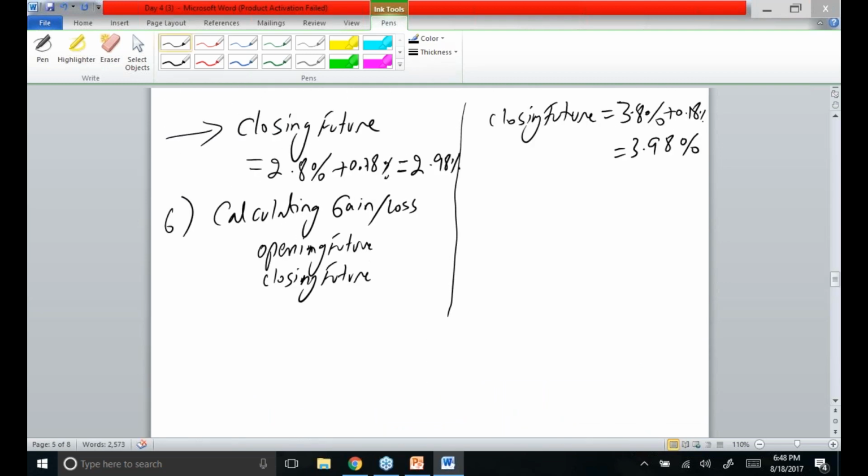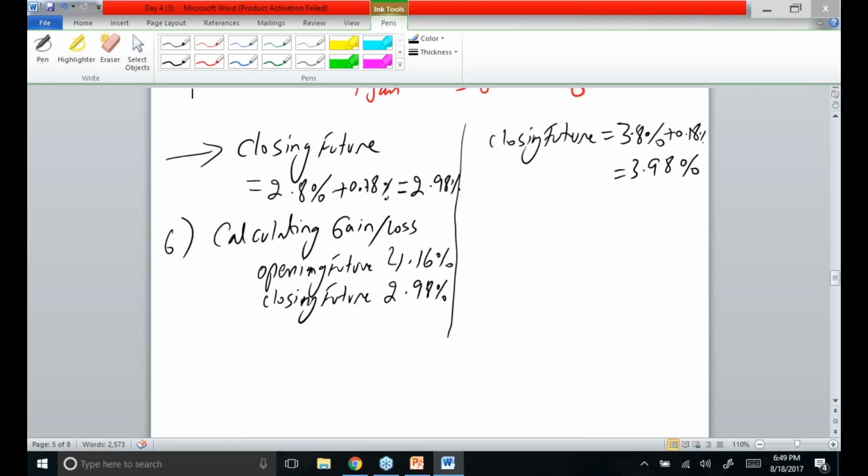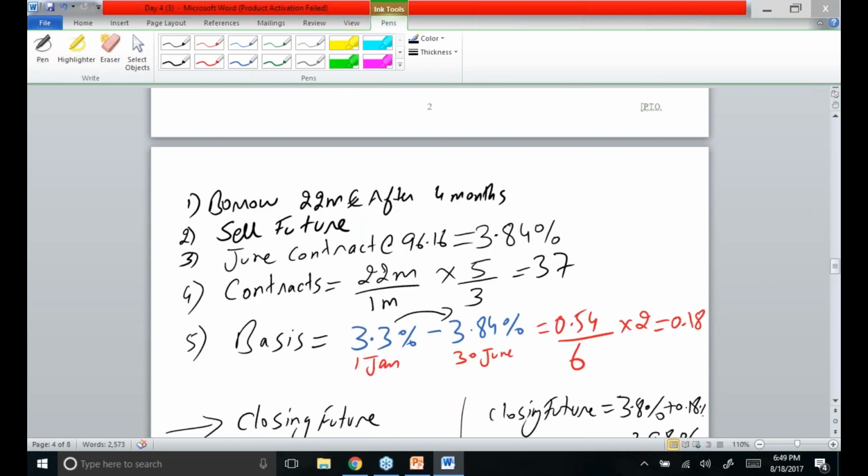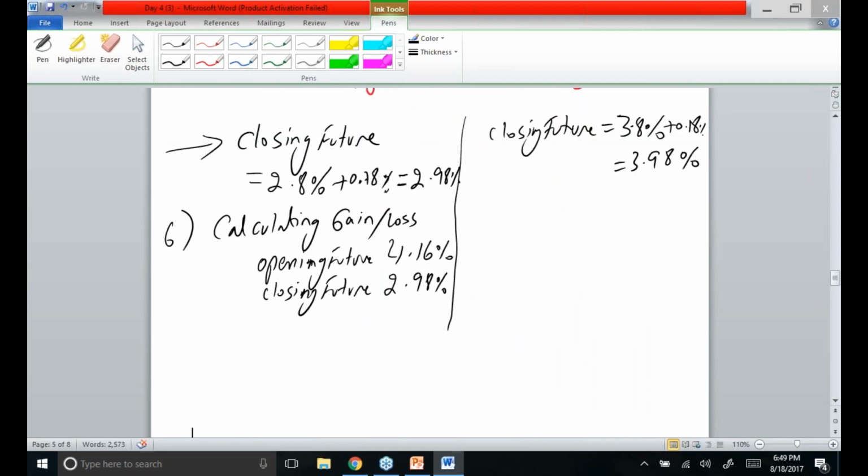Okay, now compare the opening future with the closing future. Remember, the opening future was 4.16 and now the closing future is 2.98. Sorry, the opening future was 3.84. It's not 4.16. It is 3.84.